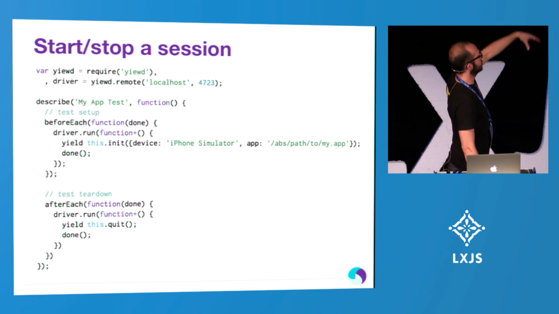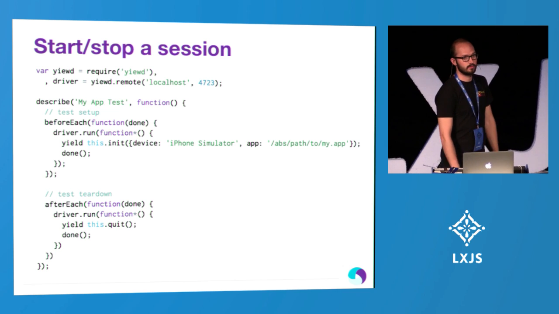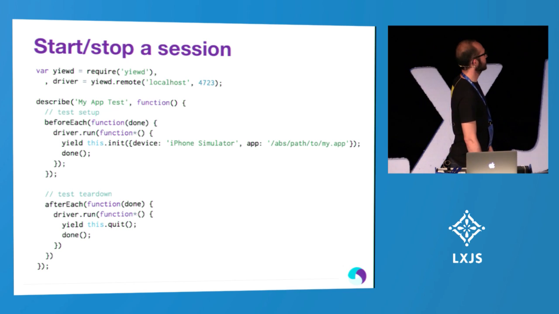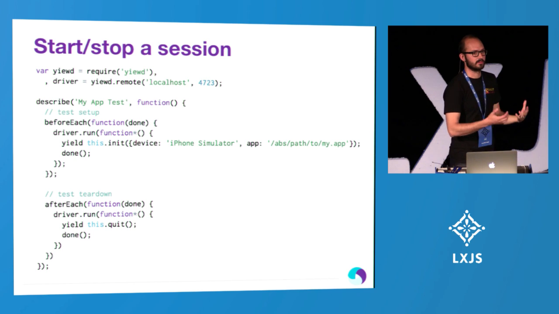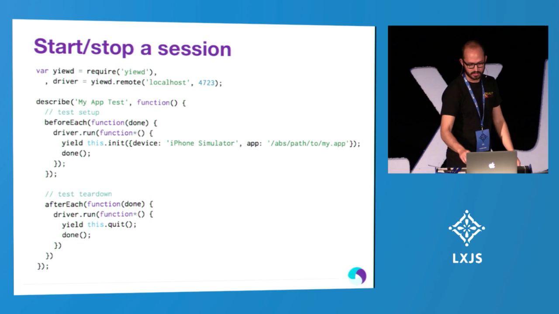So this structure you'll be familiar with if you've done any work in Mocha. This is just kind of a general test harness with creating a new session before each test and ending that session after each test. And that's a good idea because it keeps your application state the same across all your different tests.